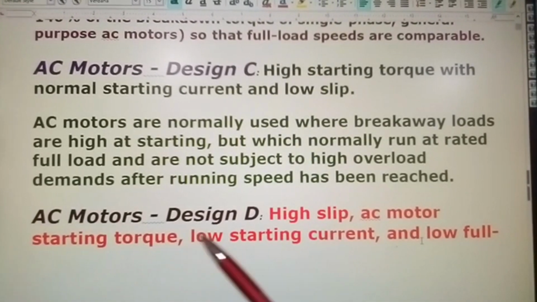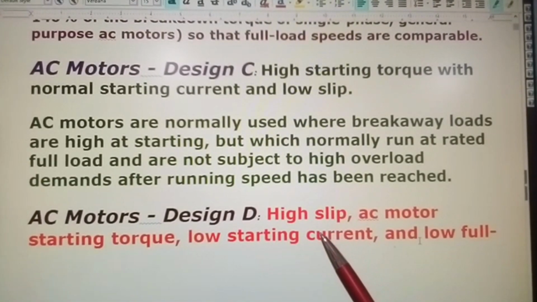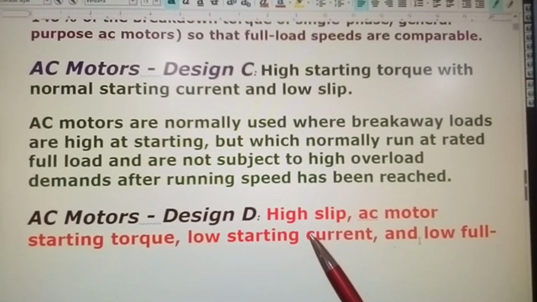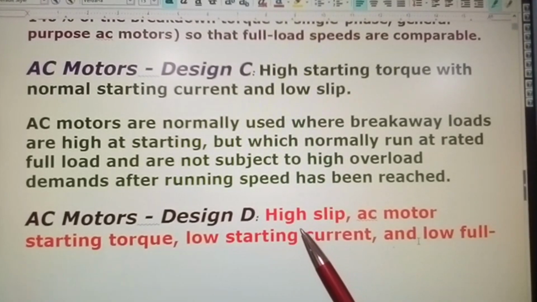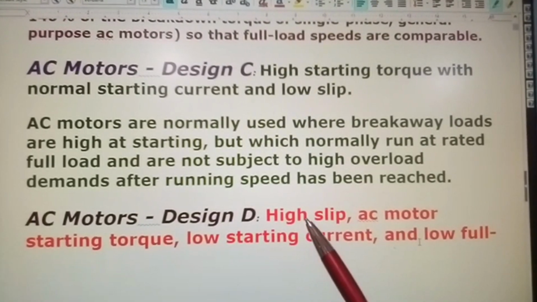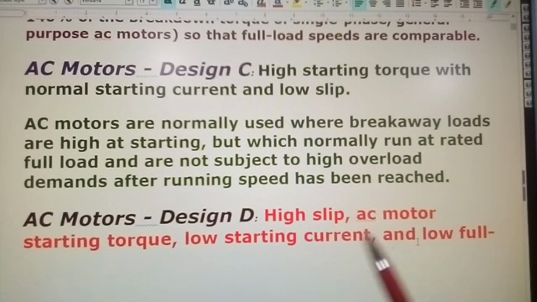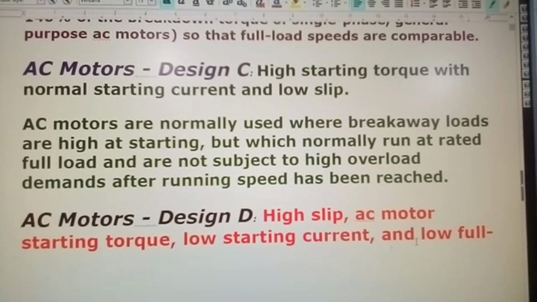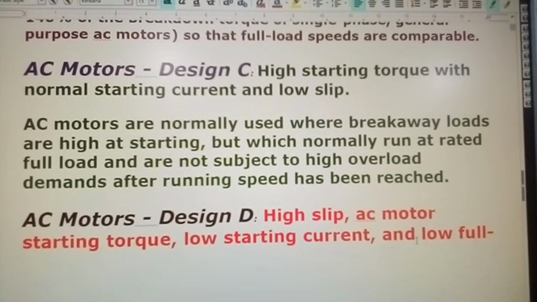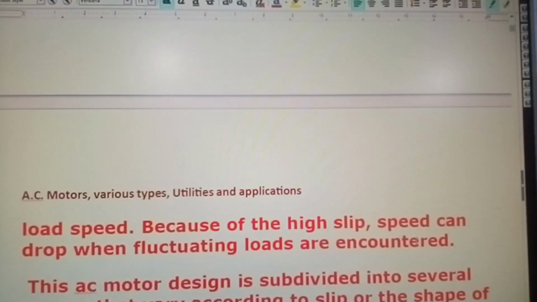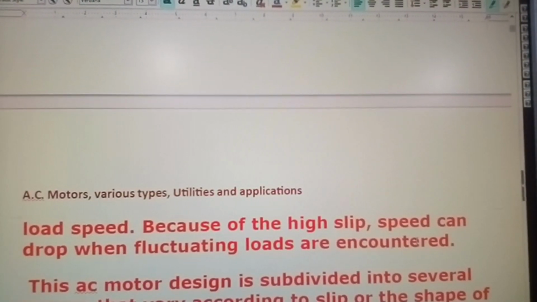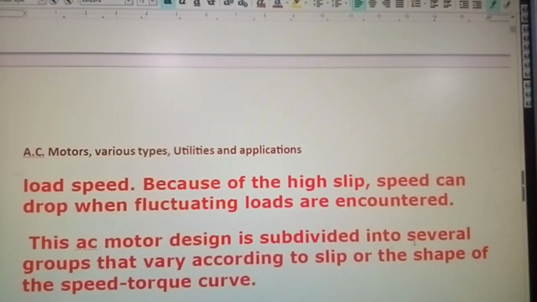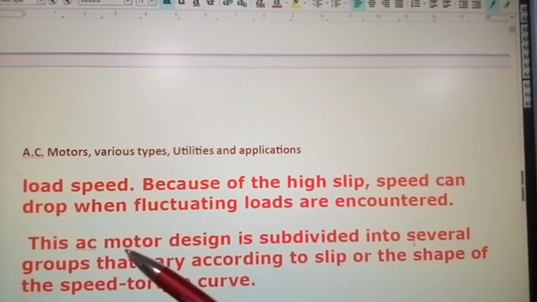Now AC motors design D, high slip. It means that it has a higher percentage slip. AC motor starting torque, low starting current and low full load speed.